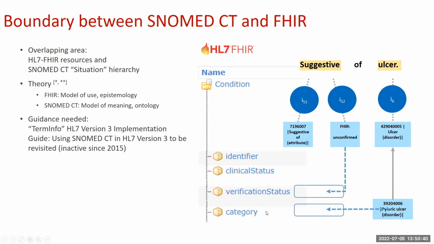And then here in category goes pyloric ulcer. Here goes the clinical concept proper. But everything else, including dates and informers of certain signs of a patient, severity, and those really subjective things, they are represented by HL7.